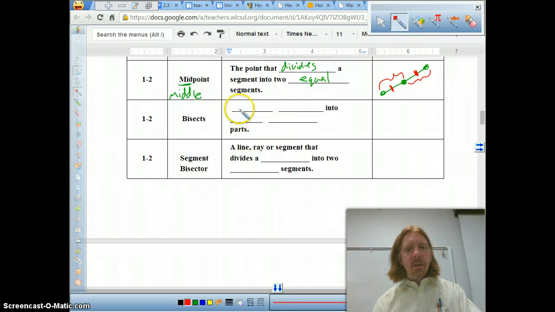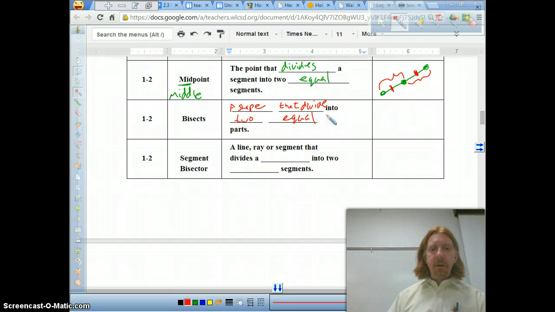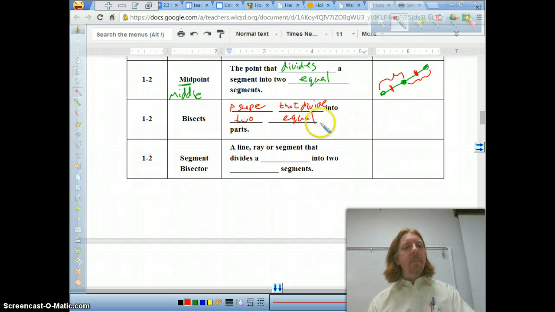A shape that divides into two equal parts. The important thing about bisect is that you create two things from it. That's where the word bi comes in. Sect means to cut.